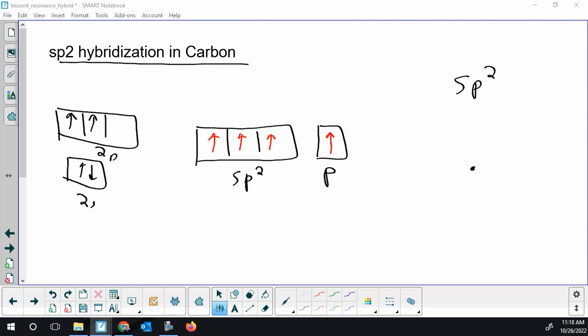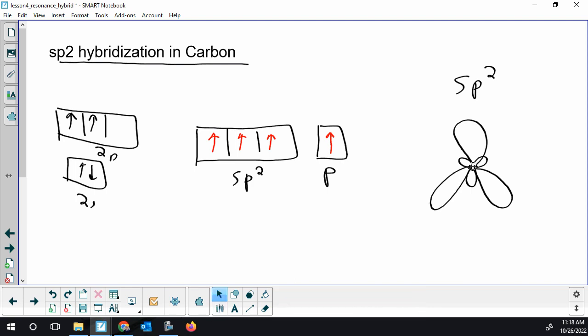I'll start going up. Now I've got to go 120 and do the second one. Then I've got to go another 120 and do the last one.